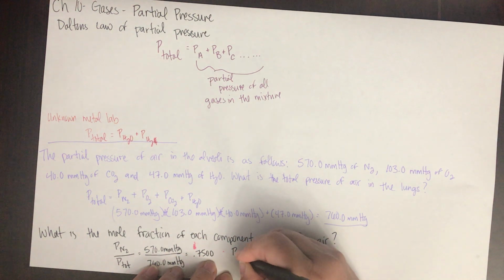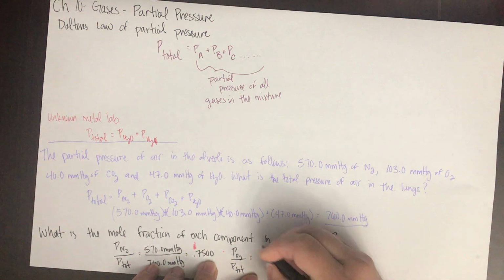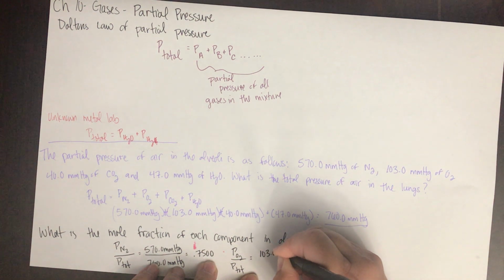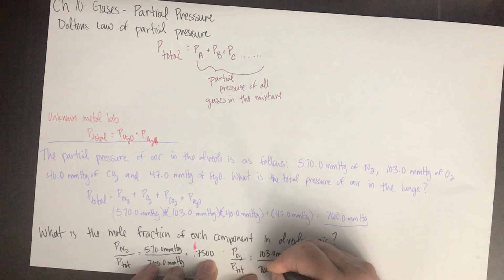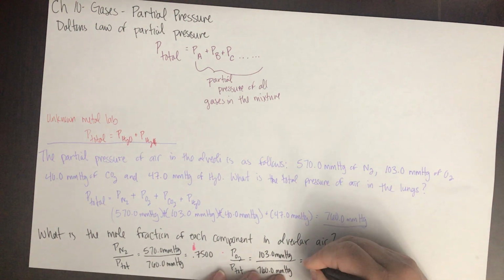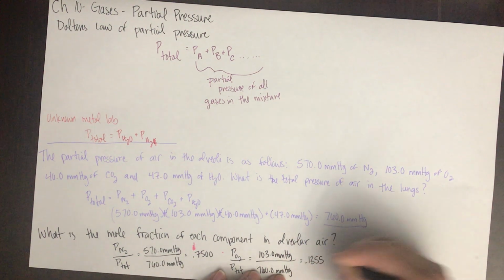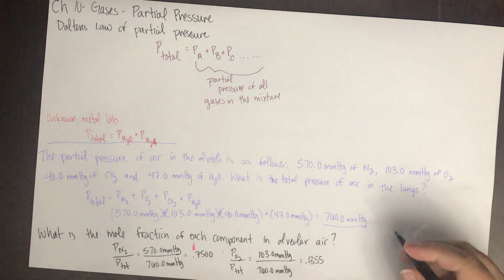We'll say the partial pressure of oxygen over the total pressure. 103 millimeters of mercury divided by 760 millimeters of mercury, and that's going to be about 0.1355, so about 13.5% if you were to convert it to percent.